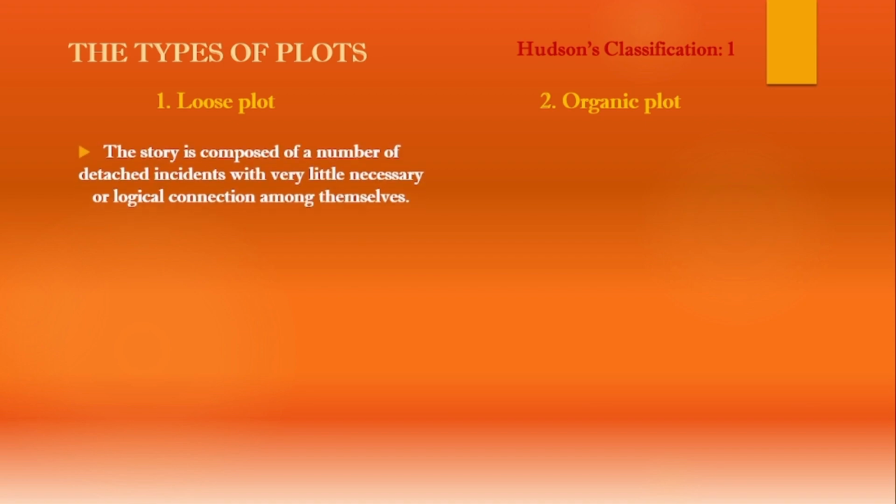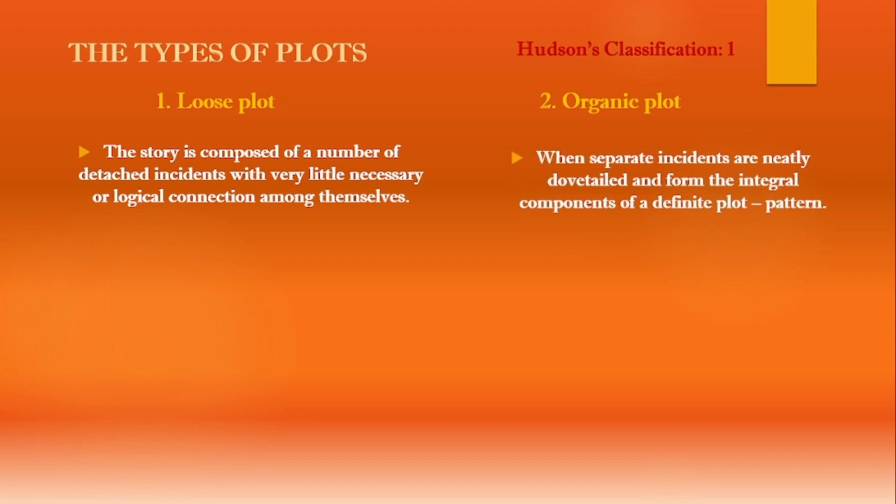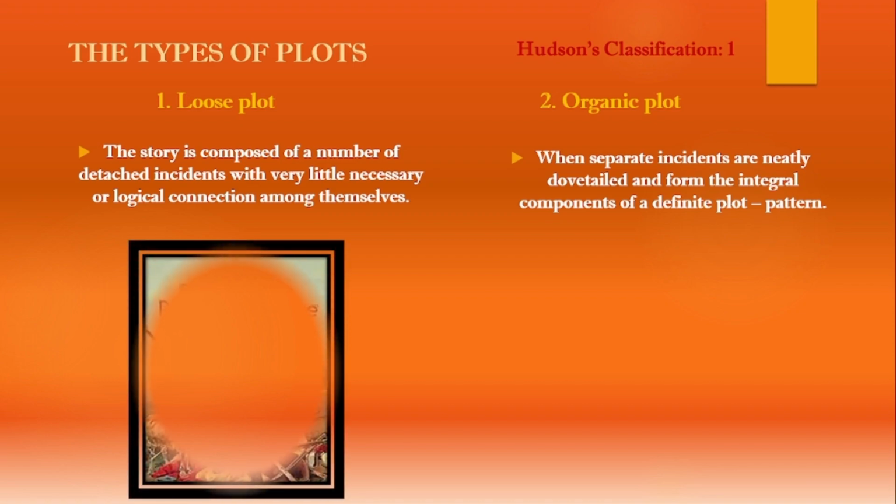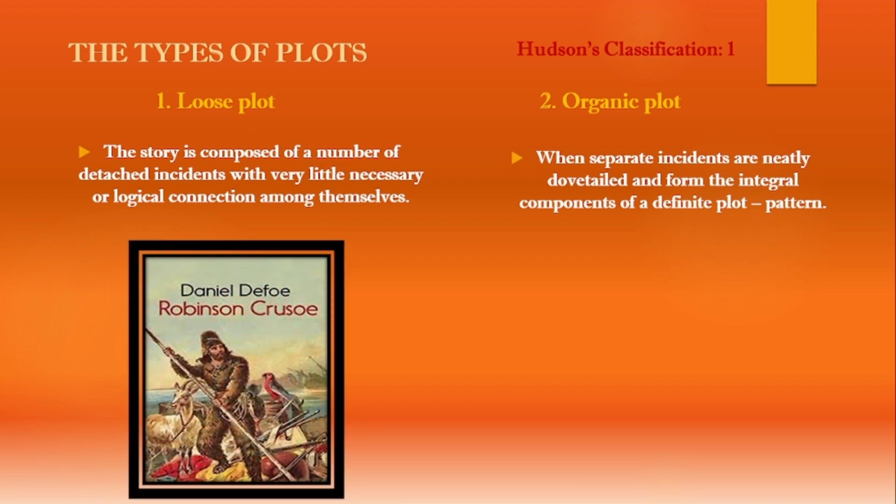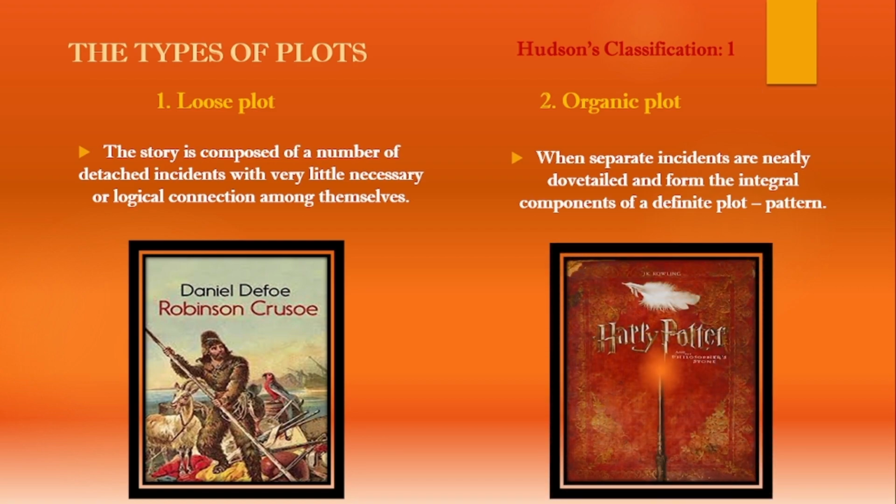In a loose plot, the story is composed of a number of detached incidents with very little necessary or logical connection among themselves, whereas an organic plot consists of separate incidents that are neatly dovetailed and form the integral components of a definite plot pattern. So an example for a loose plot would be Daniel Defoe's Robinson Crusoe, whereas Harry Potter would serve as an example for an organic plot.